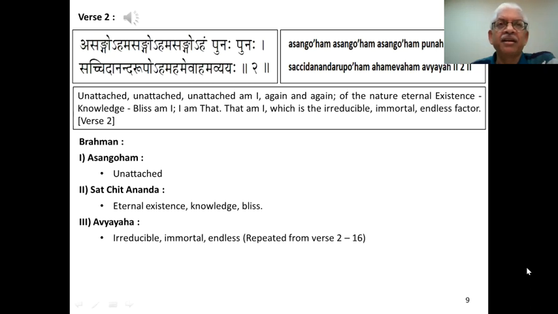The teaching starts with detachment. That means I have complete vairagya. With reference to the three bodies, I am detached. That means I can exist myself without the three bodies. That is called Atma, which is our experience in sleep.